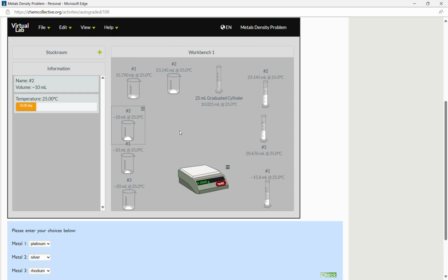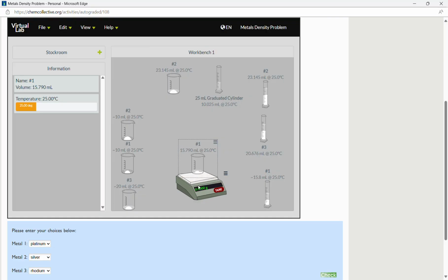And then the formula I used was a simple one, where I was just supposed to divide the mass by the volume to determine the answers. For number 1, I got 15.8 for the volume, and then I divided the total mass by this.